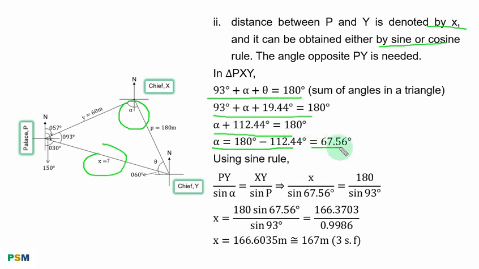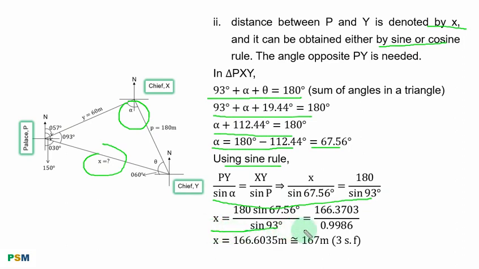67.56 degrees. Using sine rule, you have py over sine alpha is equal to sy over sine p. You replace the various sides with what they stand for. If you make S the subject, you have this result.